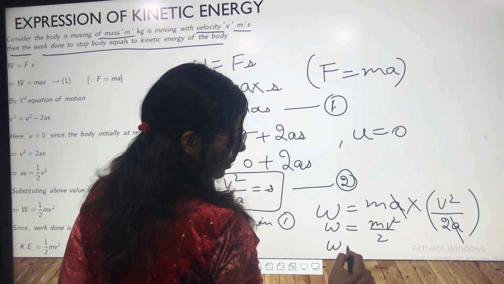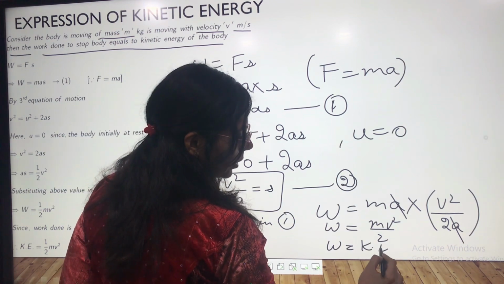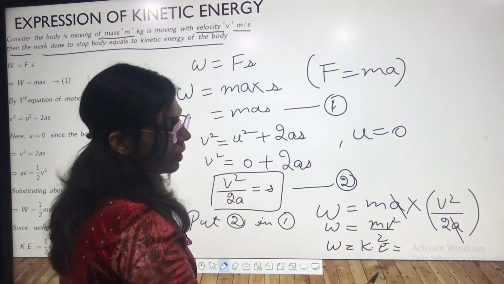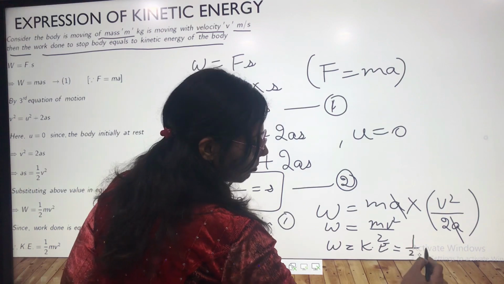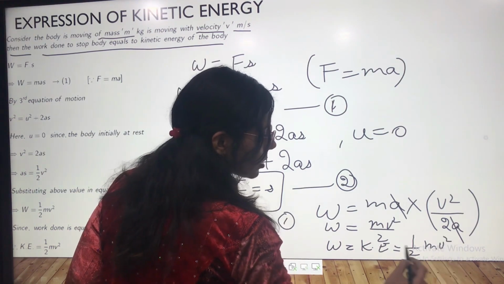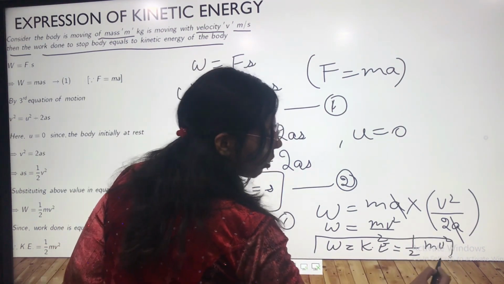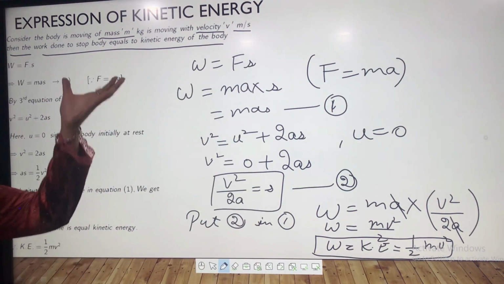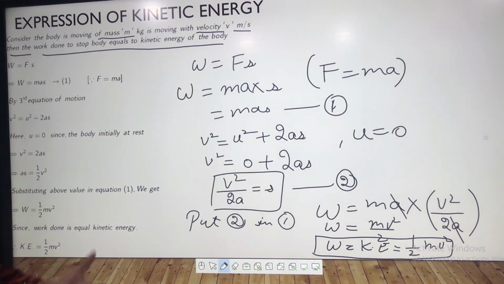And this is equal to the kinetic energy of the object, that is half mv square. So this is the derivation of kinetic energy. We can derive the expression of kinetic energy, half mv square, by taking this example.